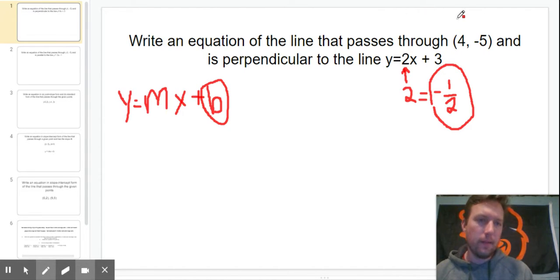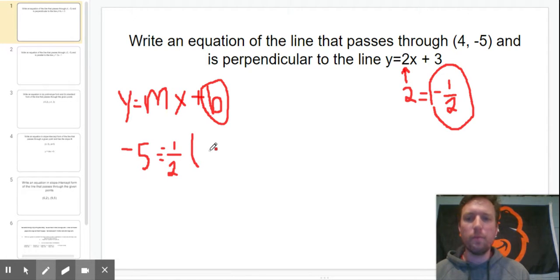So our y that we're going to plug in would be -5, right from the problem. Our slope is going to be -1/2. We've already talked about where we got that. -1/2 times x, which is right from the problem, would be 4, and that's going to equal plus b. We're going to solve for b.